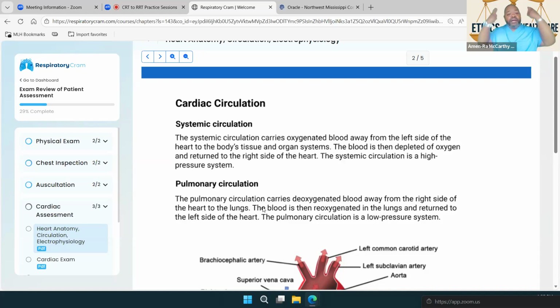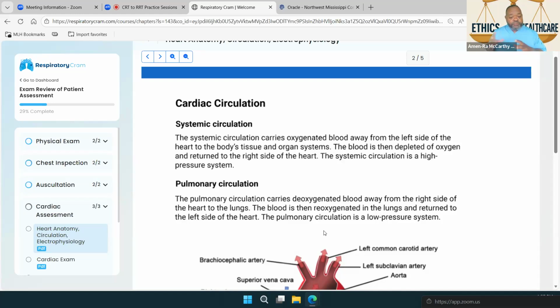Some goes up the common carotids to the head, and others go down the descending aorta right down the middle of your body, okay, and branch out through all of your other arteries, your radial artery, your ulnar artery, your brachial artery, right? Your dorsalis pedis, all of those femoral arteries, all of those things are oxygenated blood. Okay. Now, but that's on the left side.